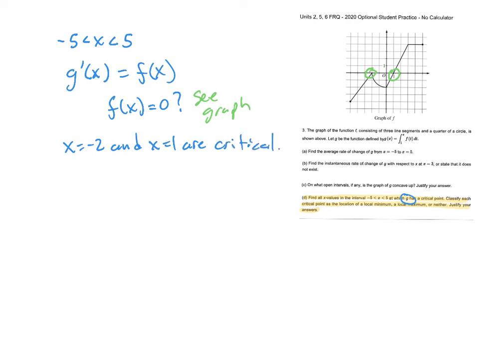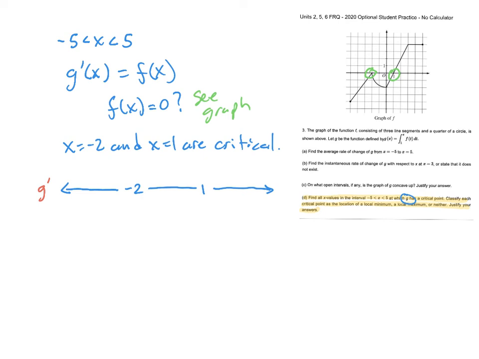They're critical for the function g. So what we usually do is we make a sign diagram, right? Put -2 there, put 1 there. And we're going to analyze g prime on this sign diagram, which really means we're going to analyze f.